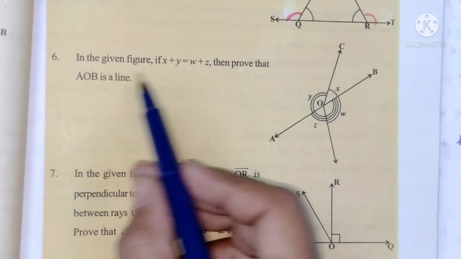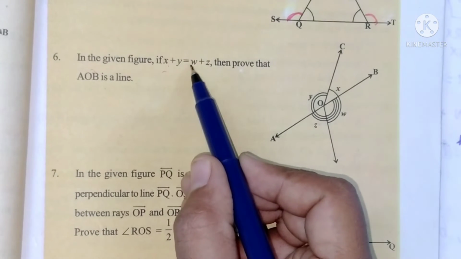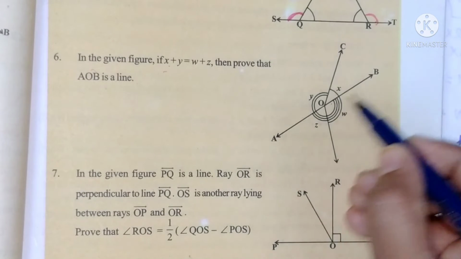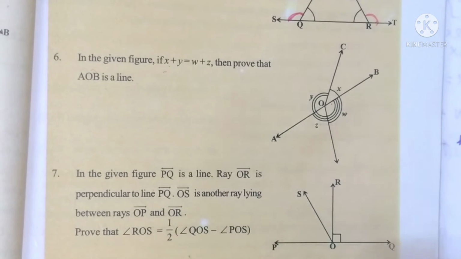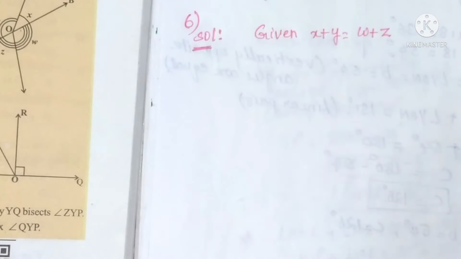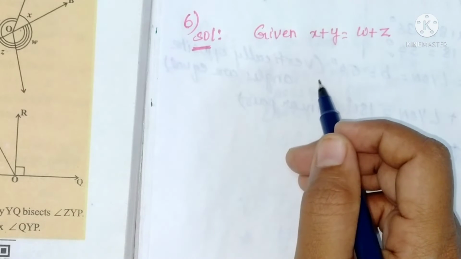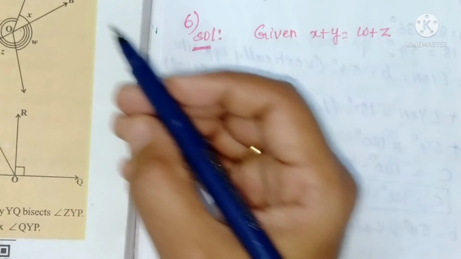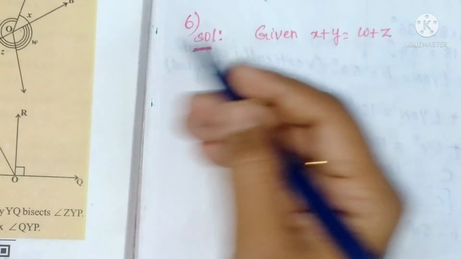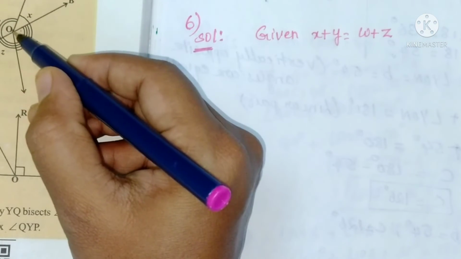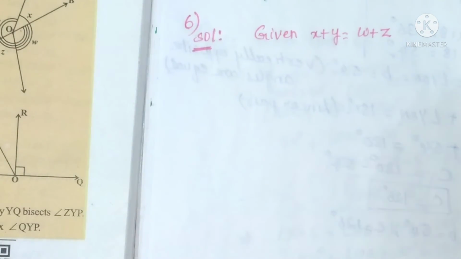Sixth problem. In the given figure, if x plus y equals w plus z, then prove that AOB is a line. Okay. So given x plus y equals w plus z. See here, all the four angles are formed at a point O. Right.